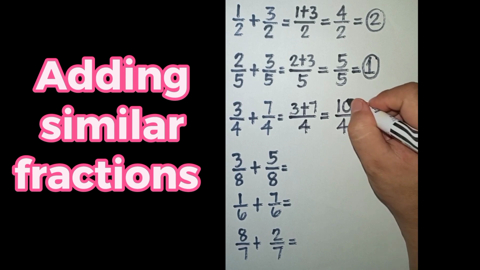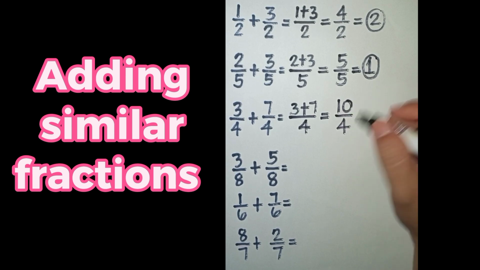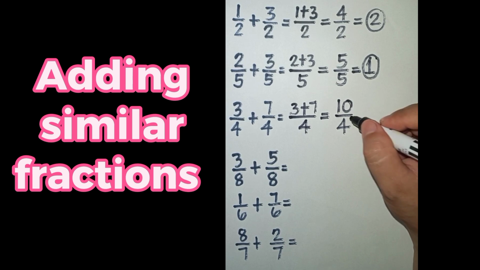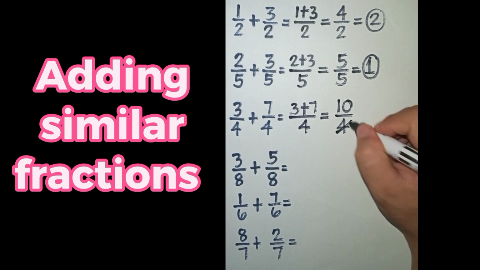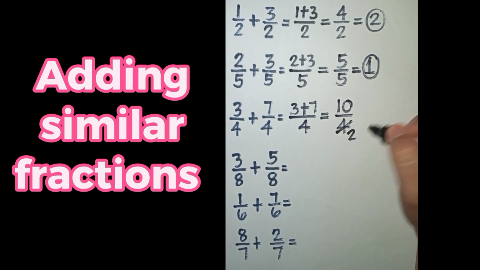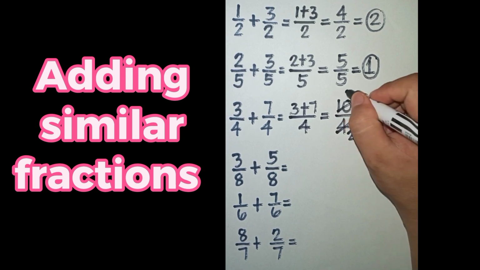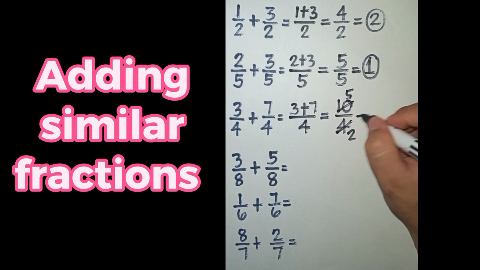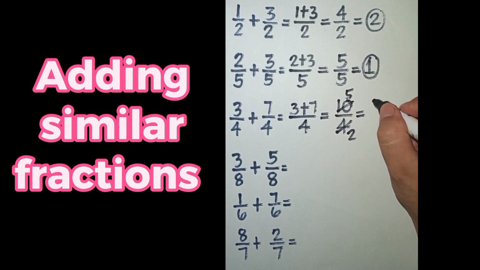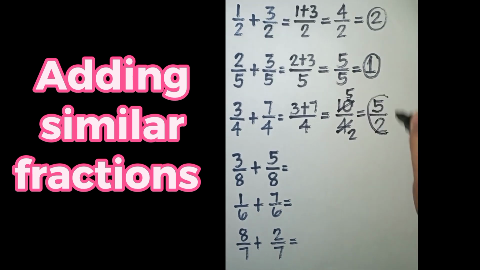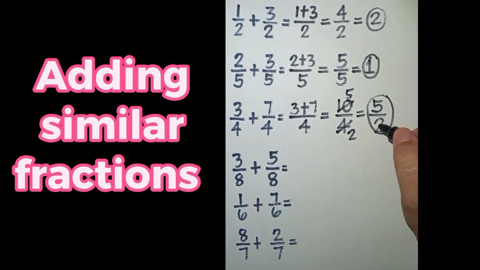Then we have to simplify 10 over 4 by 2. So 4 divided by 2 is 2. And 10 divided by 2 is 5. So the final answer is 5 over 2. So 3 fourths plus 7 fourths is equal to 5 halves.